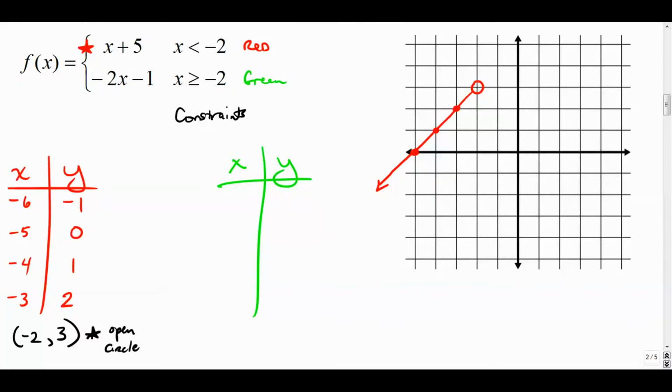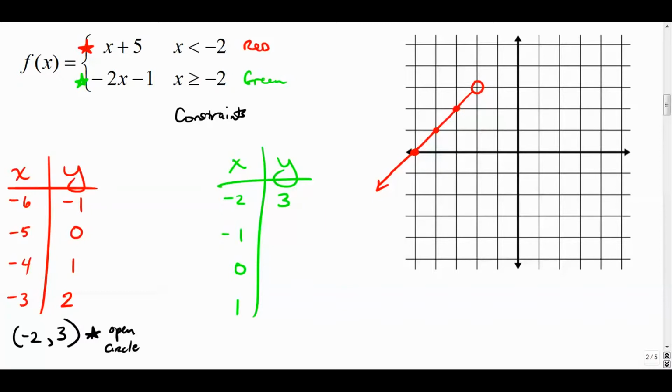The green function is defined when x is greater than or equal to -2. So -2, -1, 0, and 1. At -2, I'm using the bottom function now. Plug that in, you get +4 minus 1, which is 3.